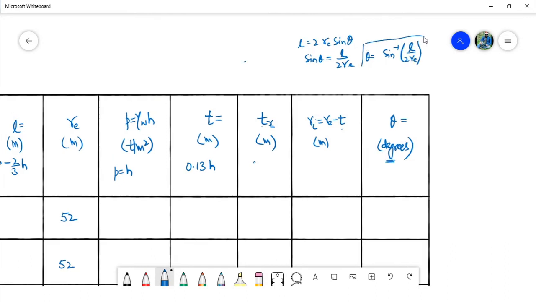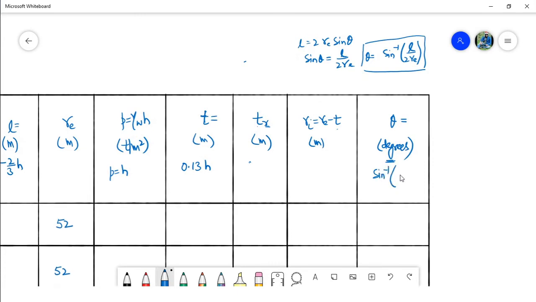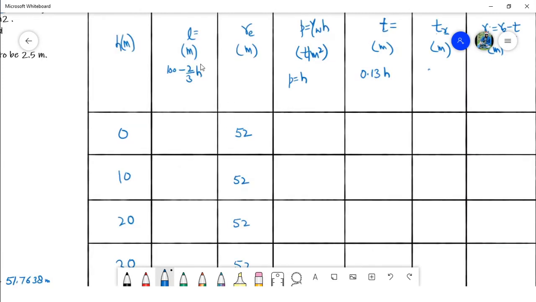So let me write it over here, sine inverse L over 2RE. Based on this expression, we have to calculate the span at each edge.